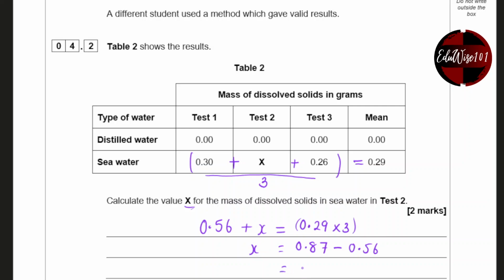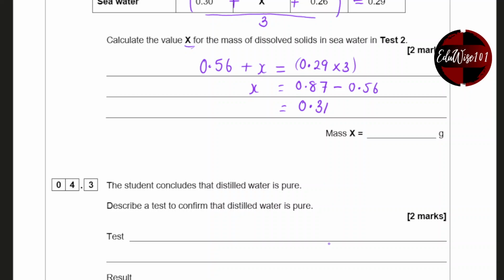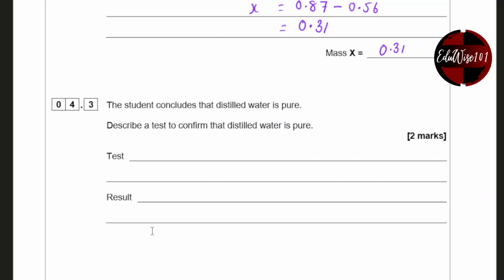That should give me 0.31. x is 0.31. The student concludes that distilled water is pure.